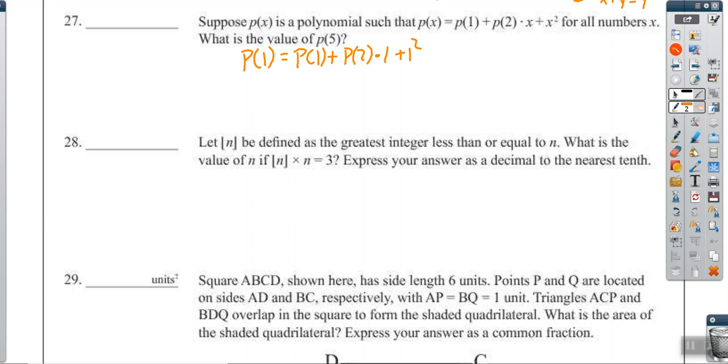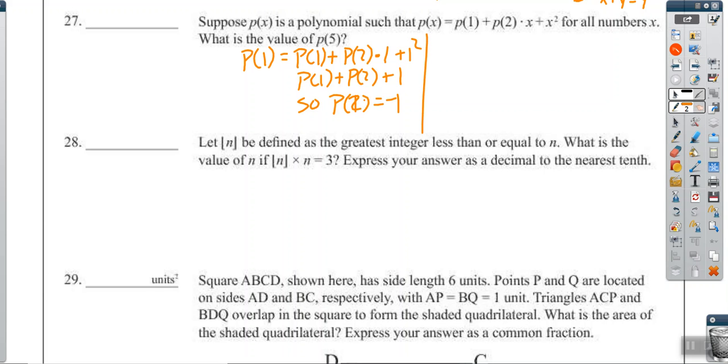Okay, well, so that means we have p of 1 plus p of 2 plus 1. Oh, well, the only way for that to actually make sense is that p of 2 has to equal -1. All right, great. So now let's move on.